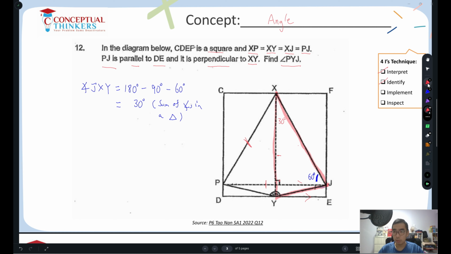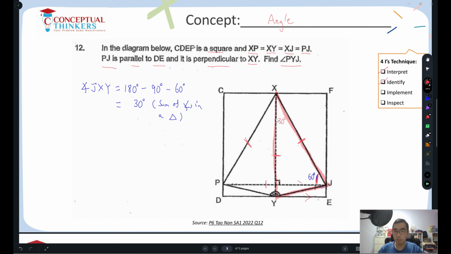We know that this length and this length, our XJ and XY, are equal. So we're going to have an isosceles triangle XYJ. Now this 60 degree is only until here, from here to here.